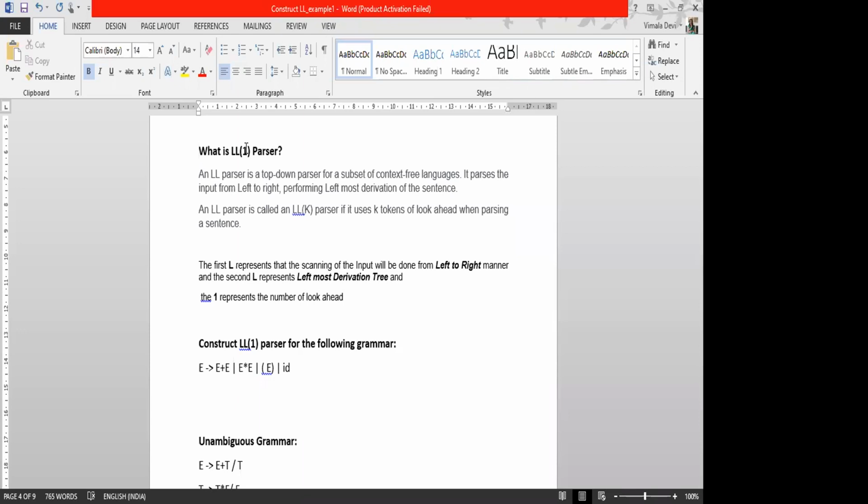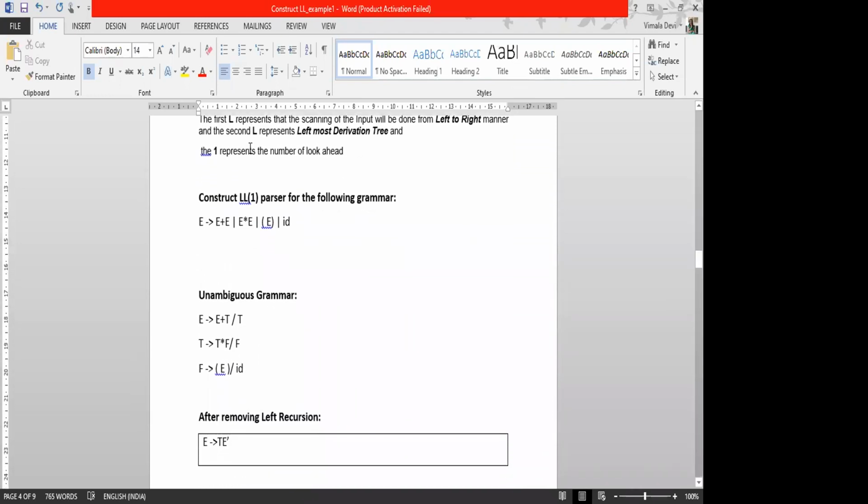To choose from the alternatives, it always looks one symbol ahead. To indicate that, the number is given as LL1 parser. In general, we have LLK parser where K indicates the number of symbols it looks ahead. But in our syllabus, we have LL1 parser, which always looks ahead one symbol and tries to parse the string. That is the meaning of LL1 parser.